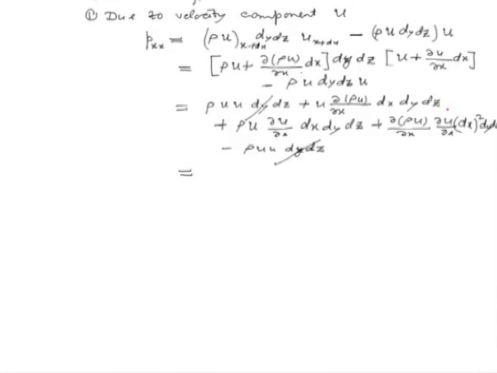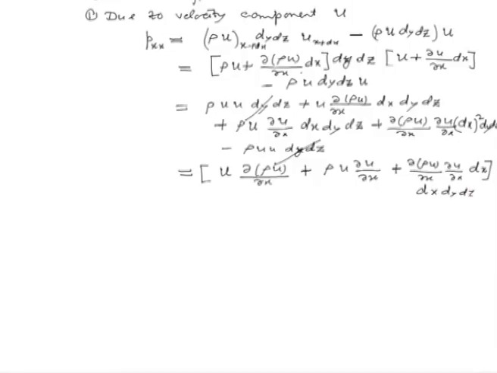And let us take out dx dy dz outside. So, we are left with u times del of rho u over del x plus rho u times del u over del x plus del of rho u over del x del u by del x multiplied by dx, and this whole thing gets multiplied by the differential volume dx dy dz.